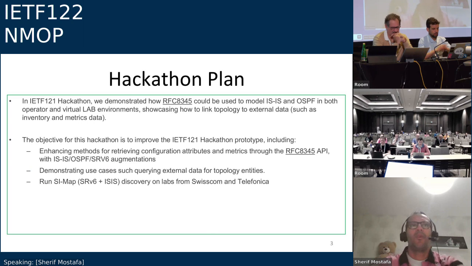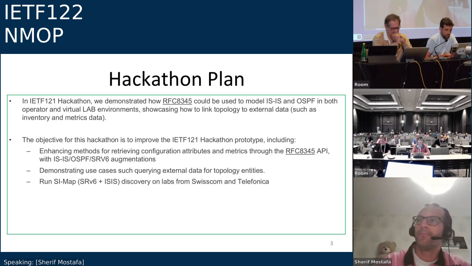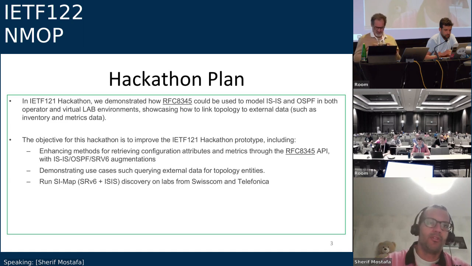By external data, we mean it could be anything, but we started with configuration and metrics, for example. So last year was a prototype, but this year we are adding more, evaluating or assessing different options on how to do this. We will show this later.